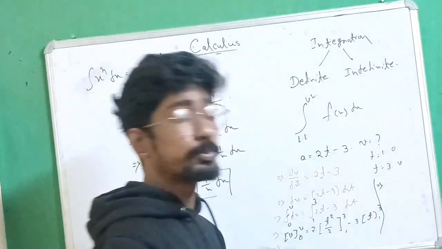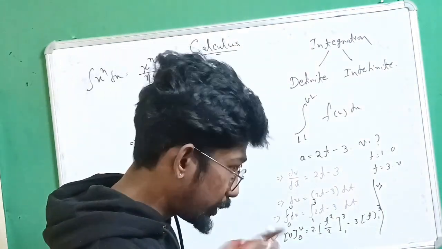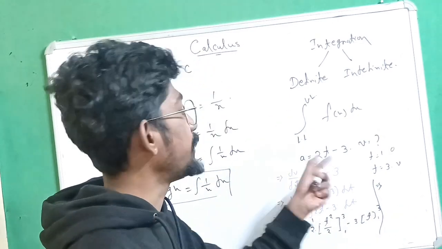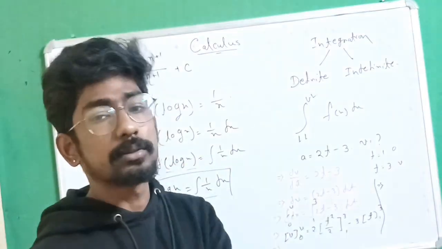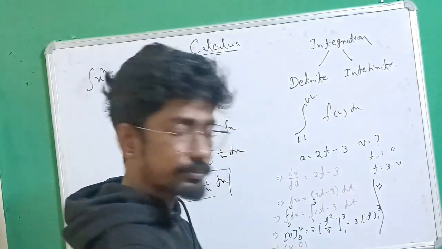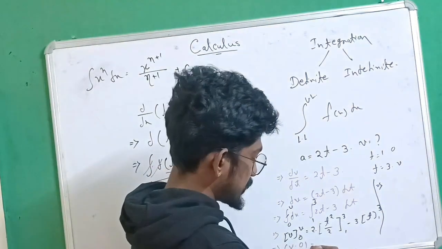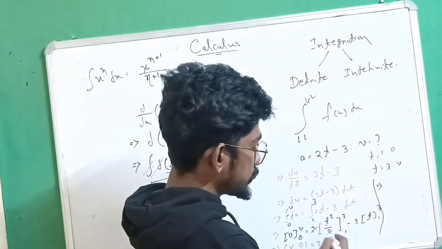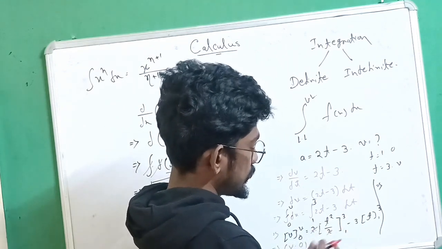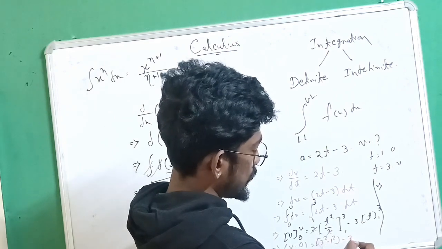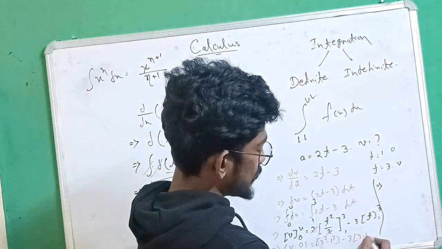Now how to put upper limit and lower limit? Always put upper limit minus lower limit. So upper limit is v, lower limit is 0. Similarly this 2 and 2 will cancel out each other. So t square means 3 square minus 1 square, and t means 3 minus 1.